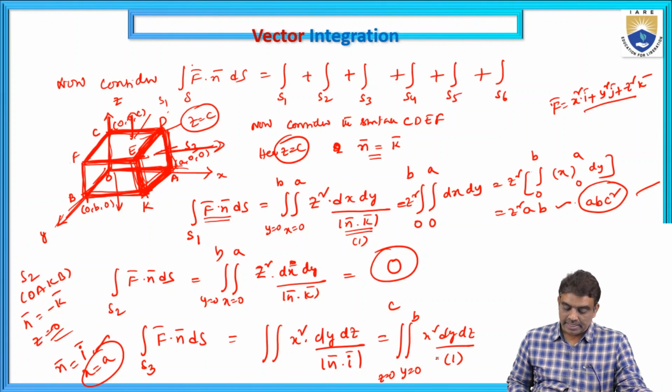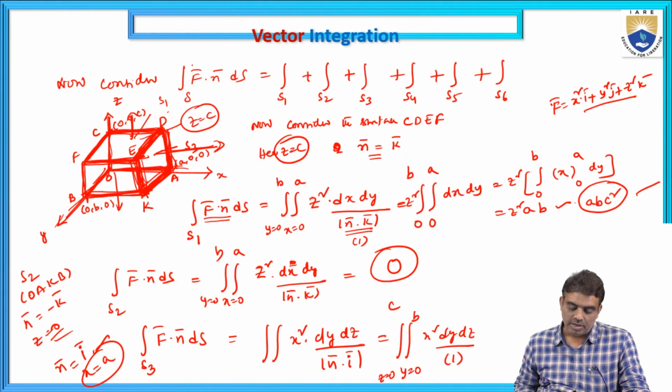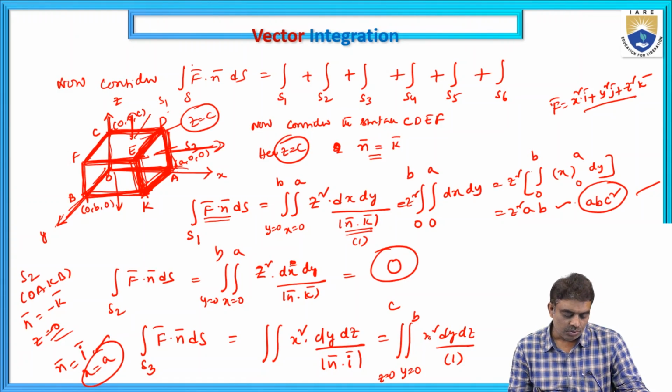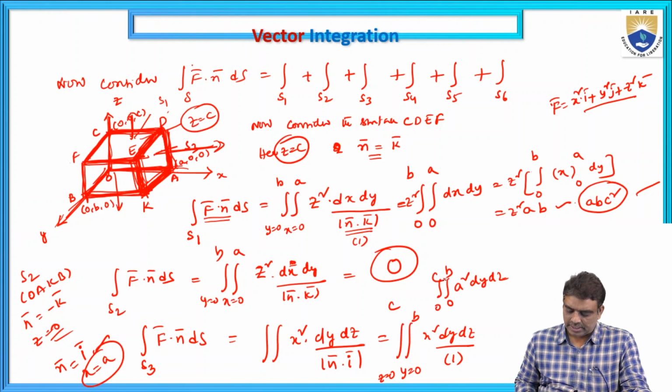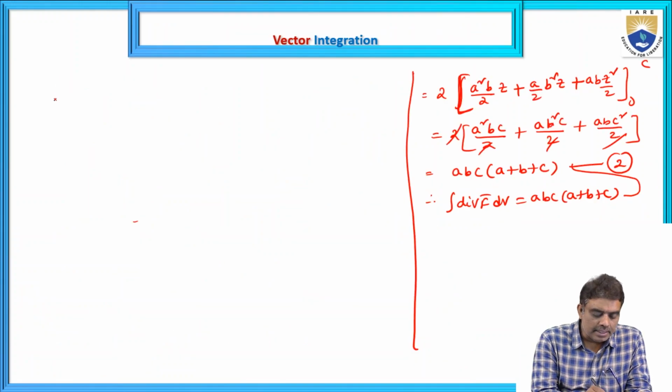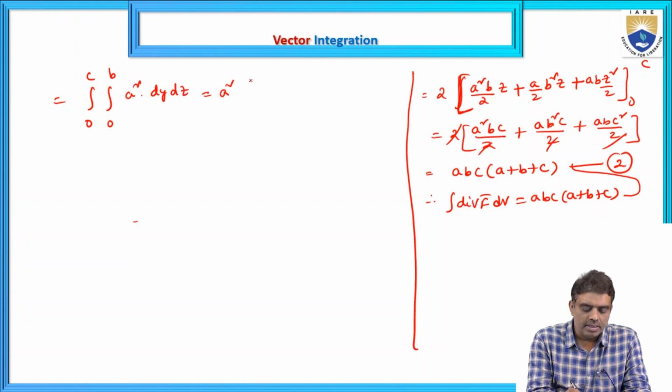So what value do you get here? X is equal to a means the double integral a square dy dz, y from 0 to b, z from 0 to c. Integral 0 to c, integral 0 to b, with x equal to a, a square dy dz.